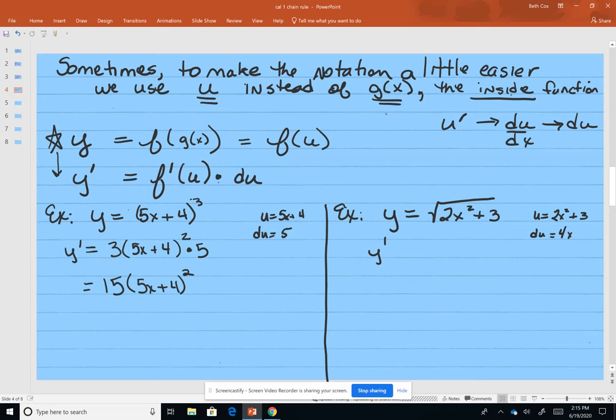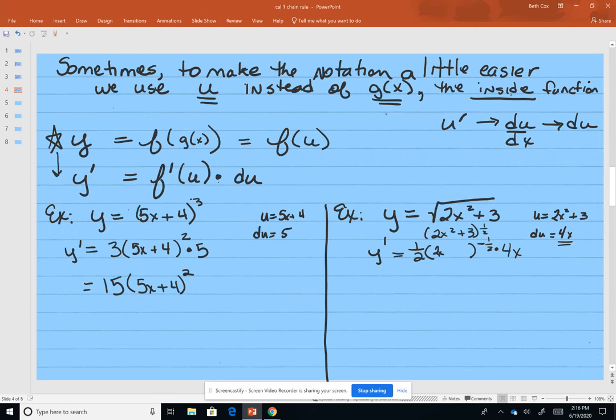All right, and so now if I want to do the derivative of the whole function, remember this is the same as (2x squared plus 3) to the 1/2. So the derivative is 1/2, the parentheses to the negative 1/2, times the derivative of the inside of the parentheses. The derivative of the inside we already figured is 4x.